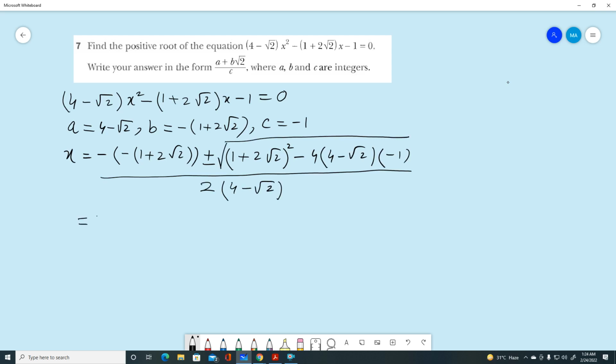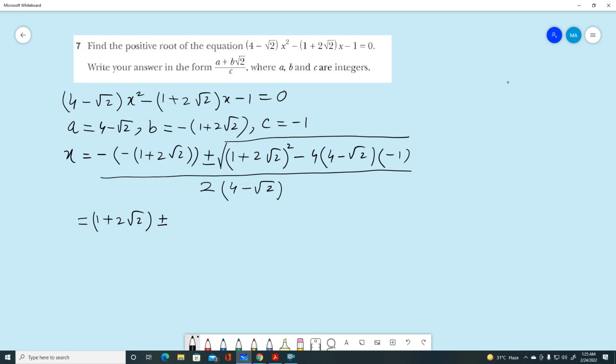Minus minus plus, 1 plus 2 root 2, plus minus (1 plus 2 root 2) whole square, which can be expanded by using the a plus b whole square formula.